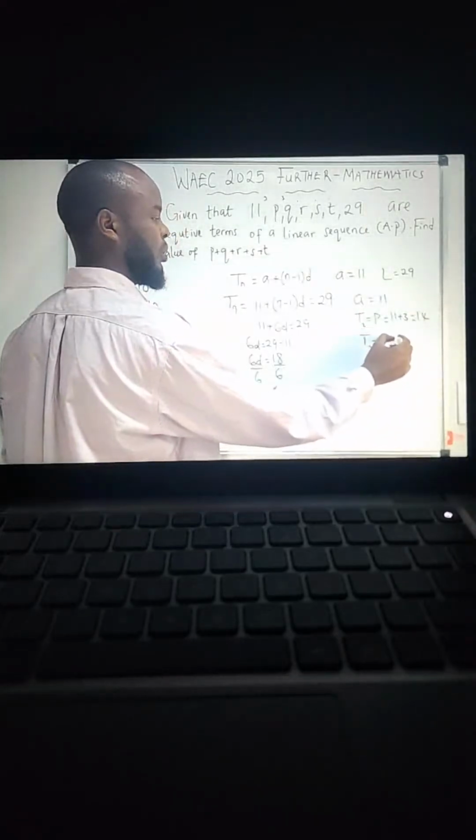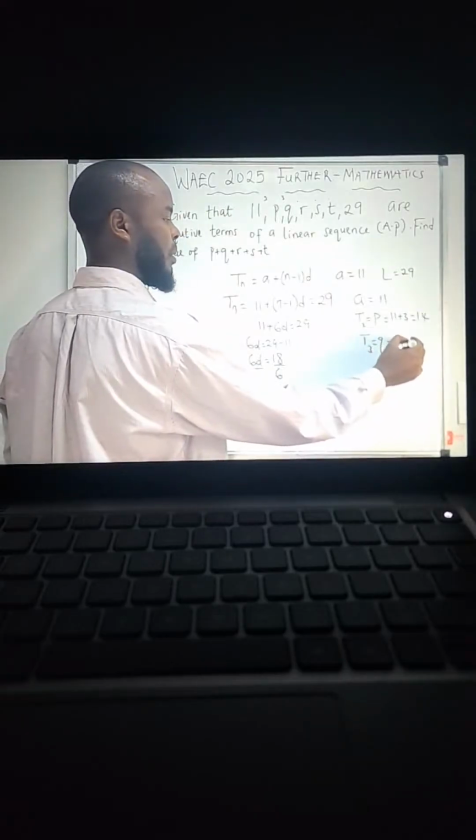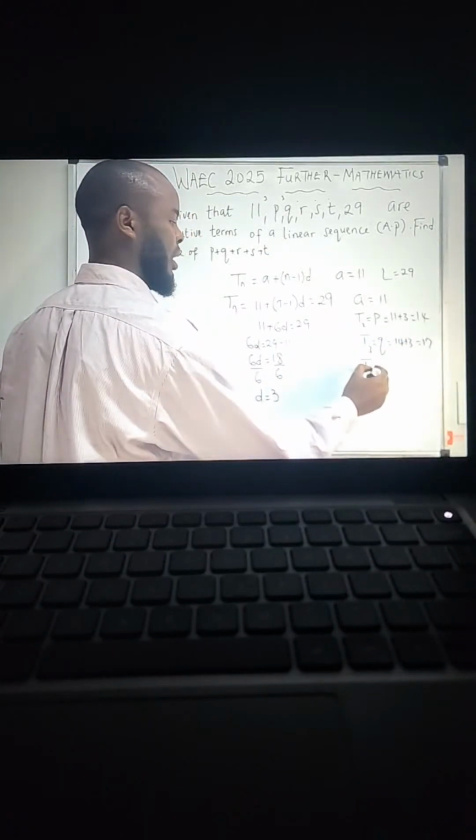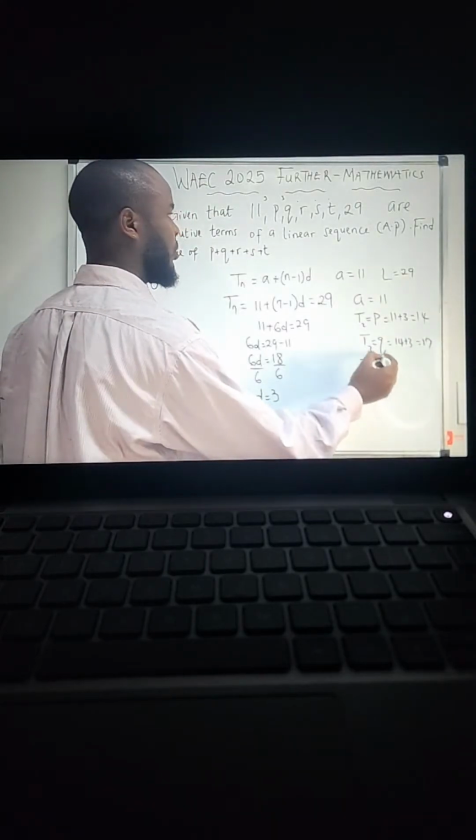Our third term, which is Q, should be 14 plus 3. That is the previous term plus the common difference, which should be 17. Our T4 should be R, which is 17 plus 3, which is 20.